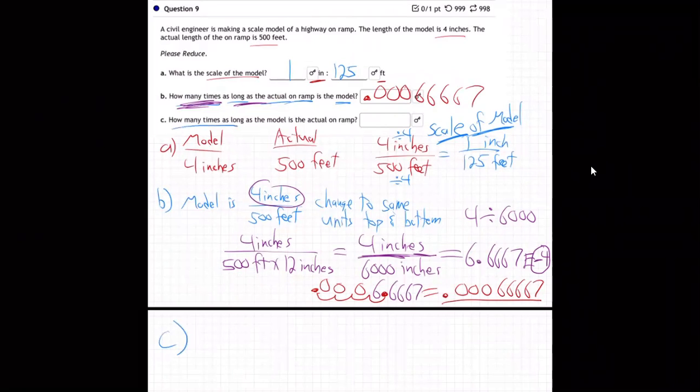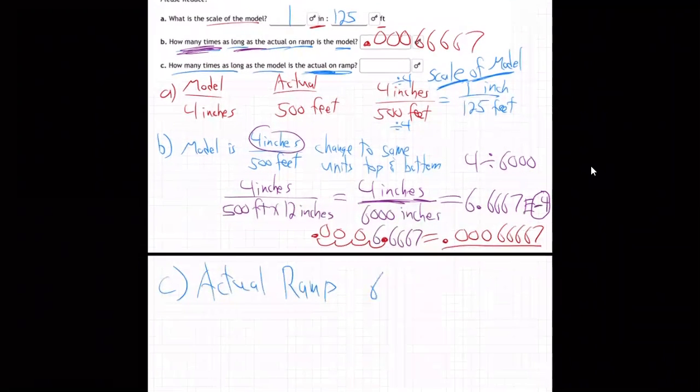They say, how many times as long as the model is the ramp? So now they're asking for the actual ramp on this one. Well, that's going to be the same thing, just upside down. In other words, it's going to be 6,000 over 4. You don't have to redo it. You just flip it upside down, because the actual ramp is 6,000 inches for every 4 inches on the model.